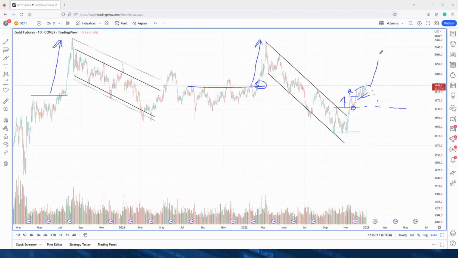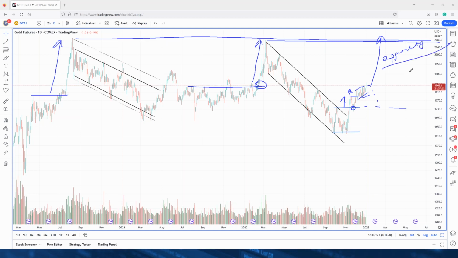So could we potentially have another climactic run into the same area? And I think this could be an opportunity. And I always start thinking, if this is to happen in gold, what does it mean for the market?